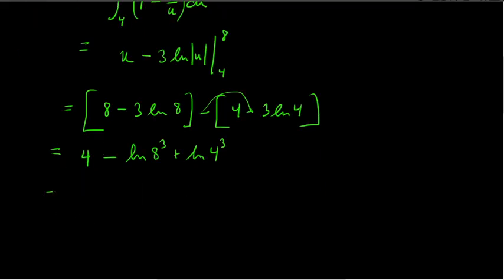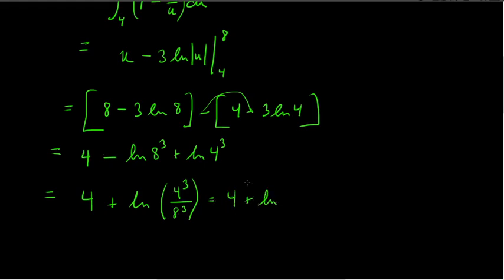So the 4 is on the outside, and then we should do plus natural log of, right, natural log of A minus natural log of B is the natural log of A divided by B. And I think we're almost done.